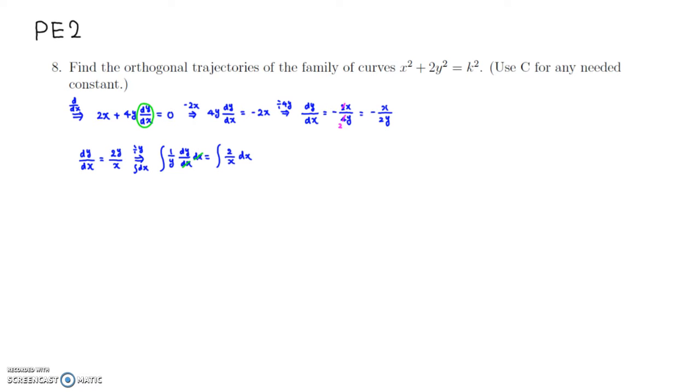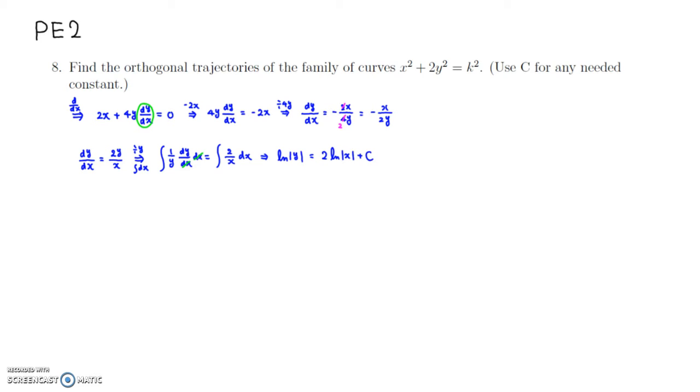The antiderivative of 1 over y is natural log of absolute value of y, which equals 2, just a constant, times the antiderivative of 1 over x, natural log of absolute value of x, plus some constant c.